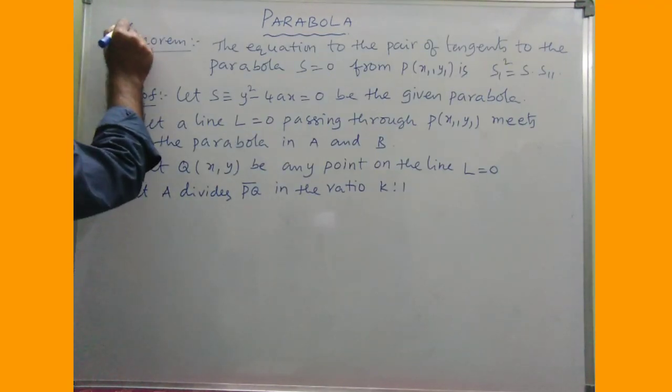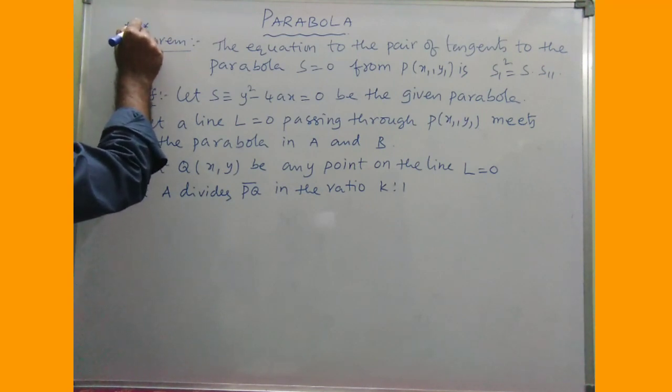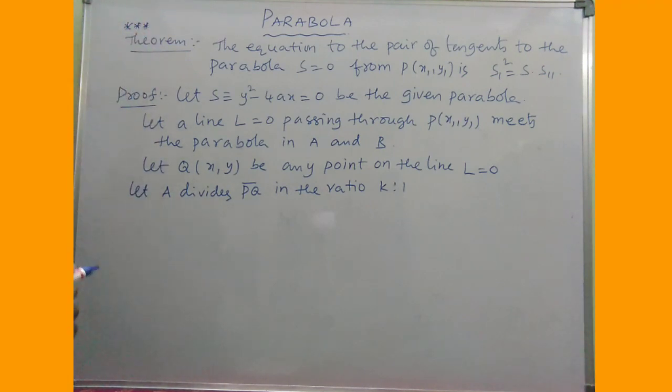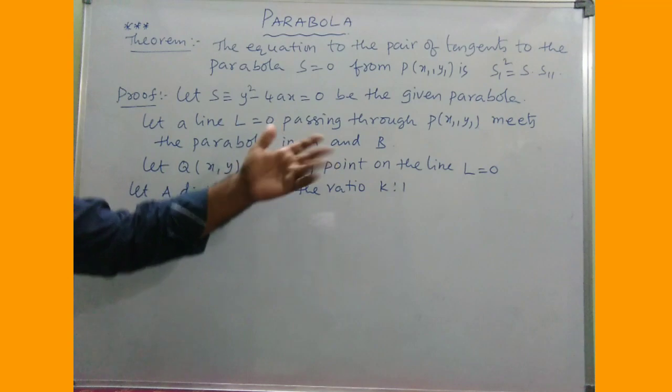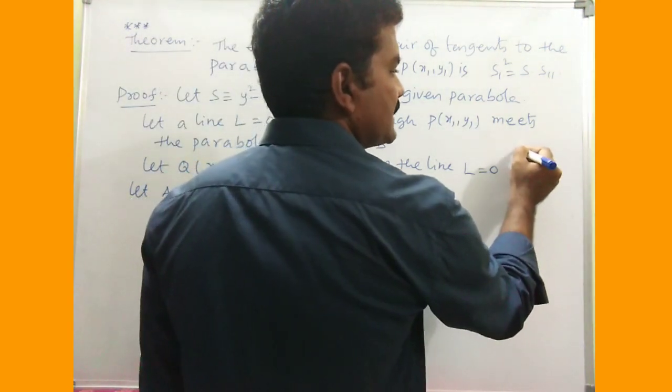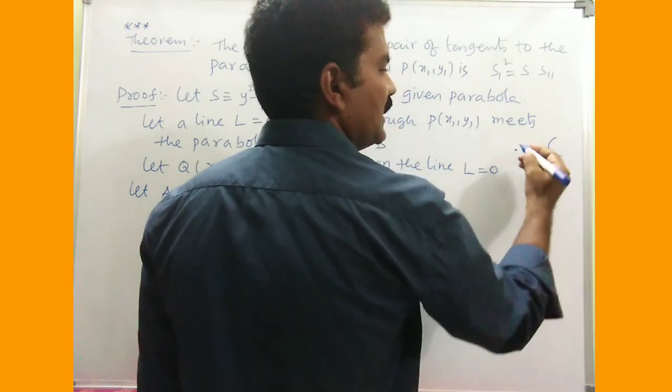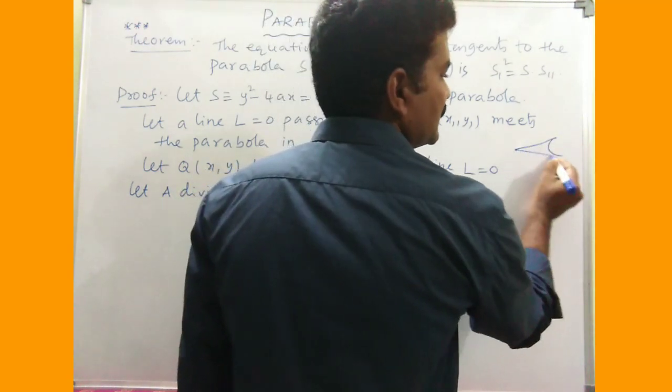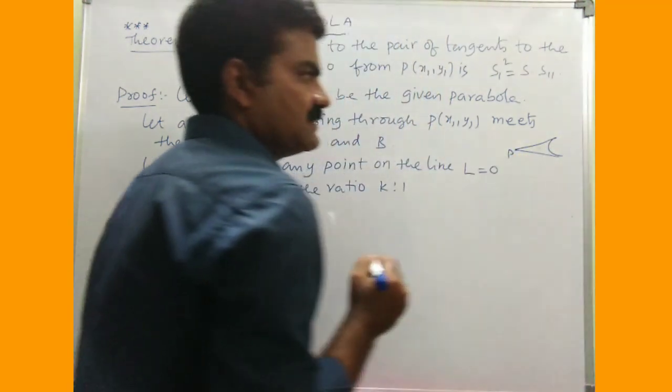So coming to concept number 3, that is equations of pair of tangents. Right? We already know that if P(x1, y1) is an external point to the parabola, then there exist two tangents, isn't it?